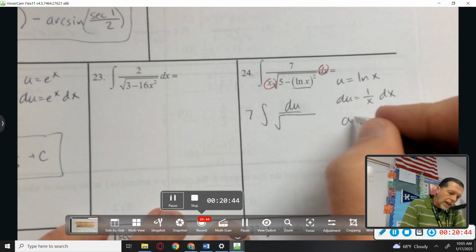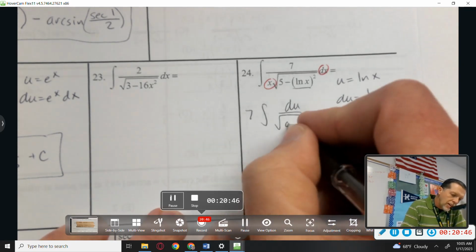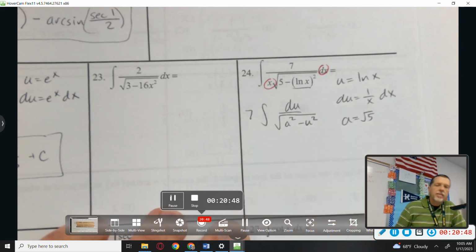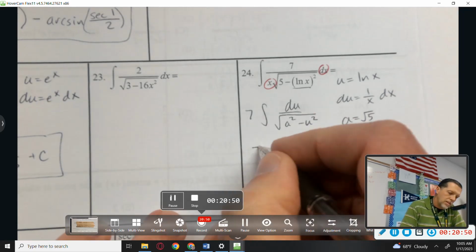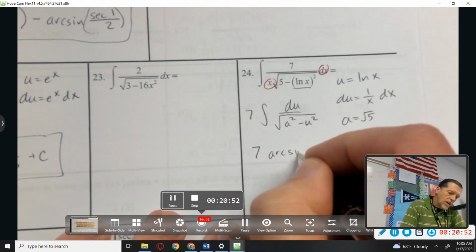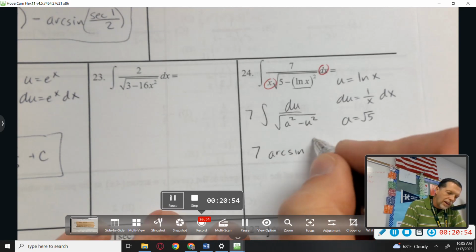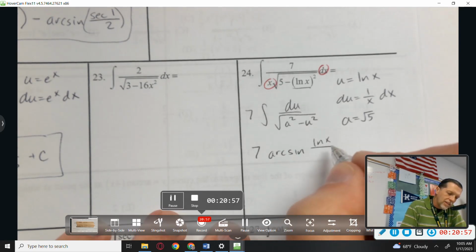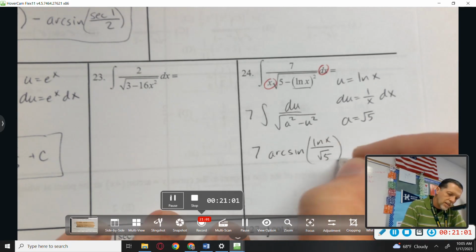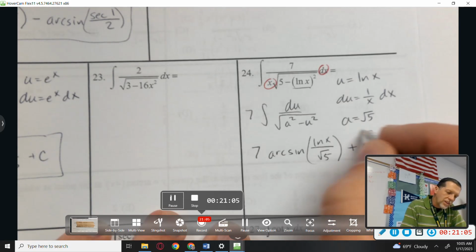So if I let a be square root of 5, then it's exactly arc sine. 7 arc sine of u over a, natural log of x over square root of 5. No limits to worry about, so just plus c.